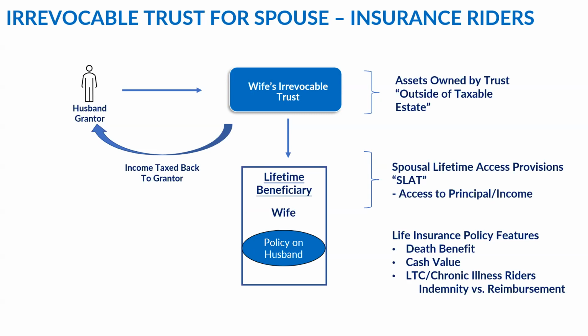If this is a selling point for the client, we want that long-term care or chronic illness rider to be an indemnity benefit, so we can actually trigger the benefit and get that benefit cash inside of the trust. And the wife at that point can take it out and use that for her husband's care. If it's a reimbursement policy, we would never, ever be able to use that.